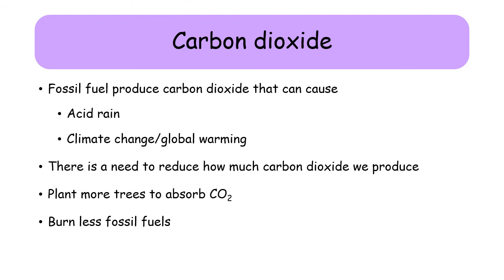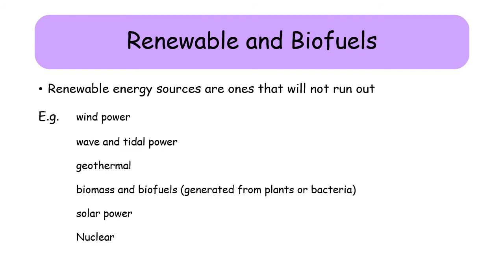Look for alternative sources of energy. And the alternative sources of energy we have are known as renewable energy sources or biofuels. Now, renewable energy sources and biofuels are ones that either will not run out or that are sustainable, meaning that we will always produce and be able to reproduce the fuel at the same rate at which we use it.